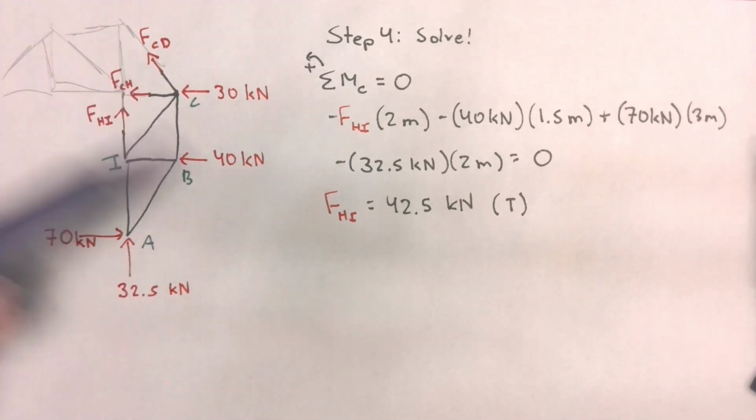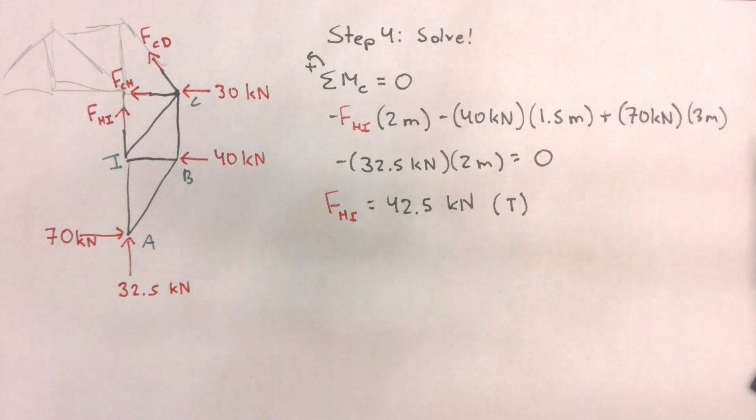Even though we're only studying a section, we can still take the sum of moments about a point that's not in this section. So in this case, I want to find my force from C to H.